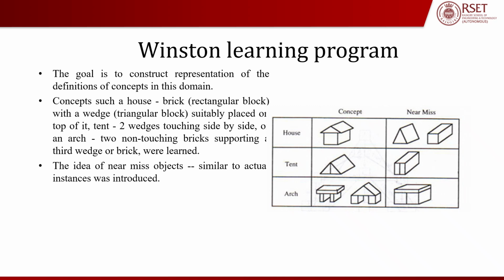By comparing the correct examples with the near misses, the system tries to identify which features are essential, which are relevant. Humans may use this strategy as well. For example, students learn what constitutes a correct answer by comparing correct solutions with incorrect ones.